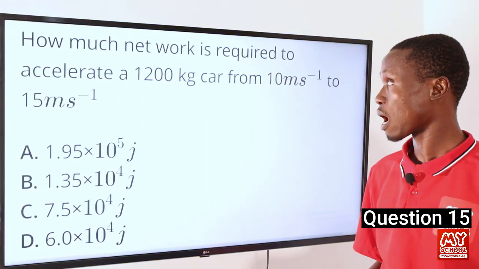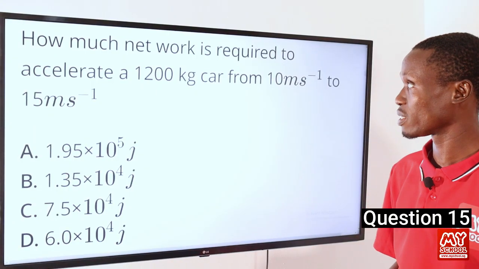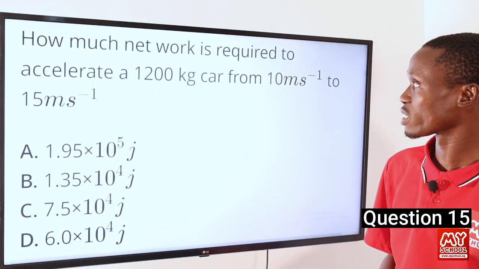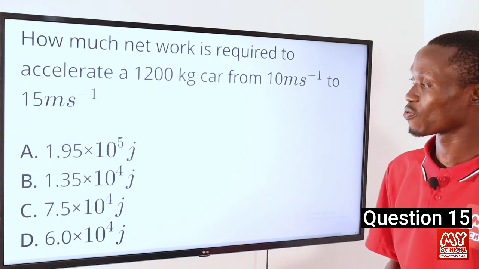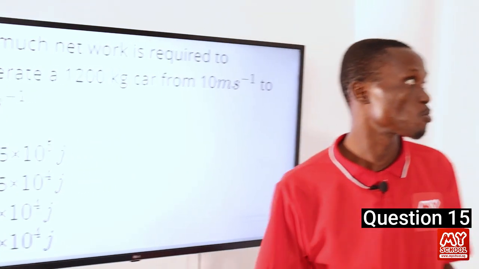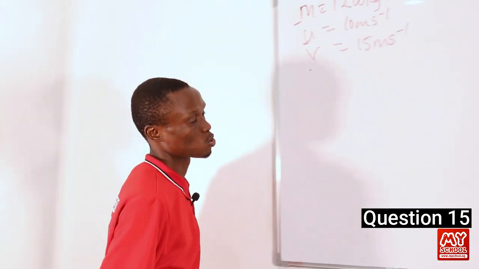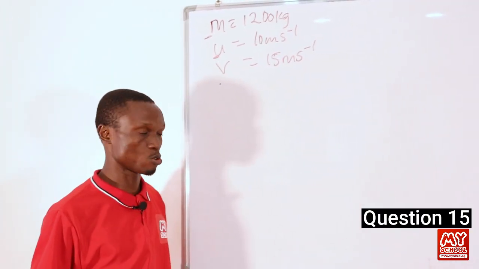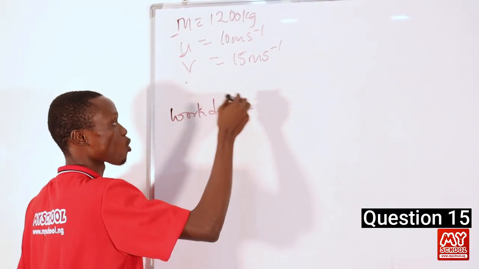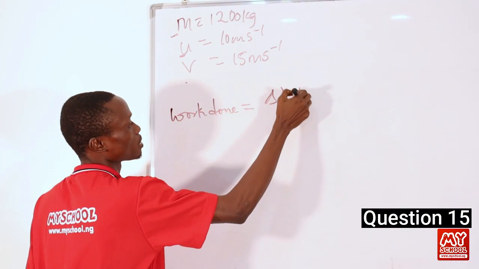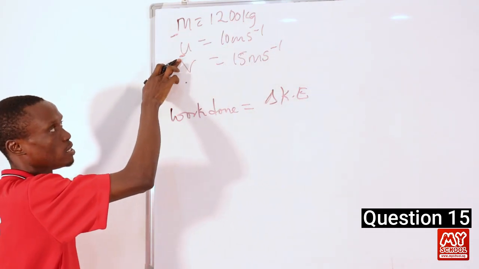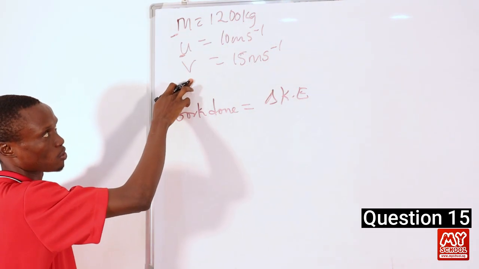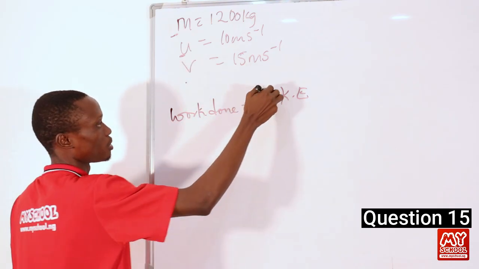Question 15. How much net work is required to accelerate a 1200 kg car from 10 meters per second to 15 meters per second? Let's move over to the board. According to the work-energy theorem, work done is equal to change in kinetic energy, because from this question we are given initial velocity and final velocity, which bring about a change.